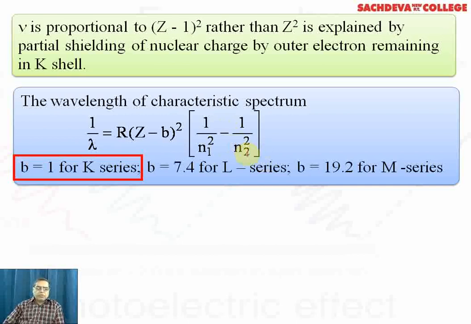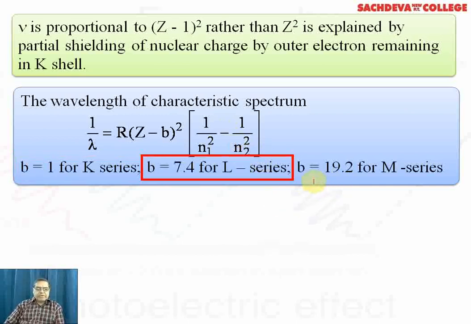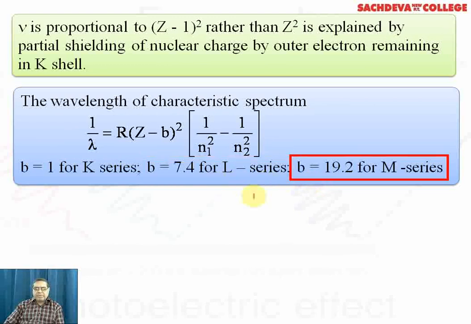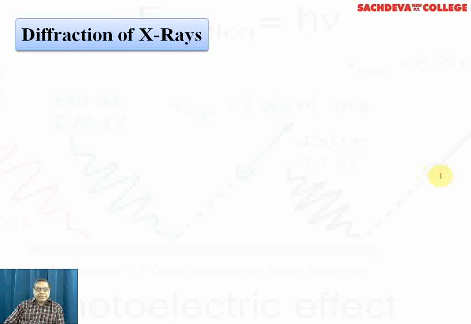Now B is equal to 1. For the K series, B will be 7.4. For the L series, B will be 19.2. And similarly for the M series, we can have another number.